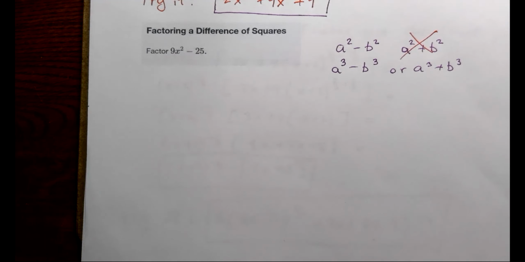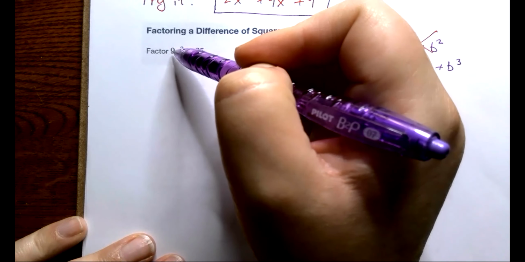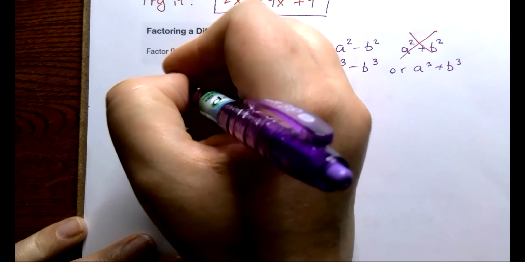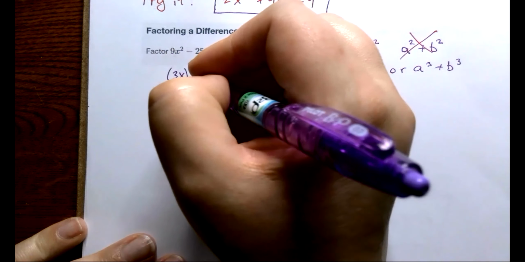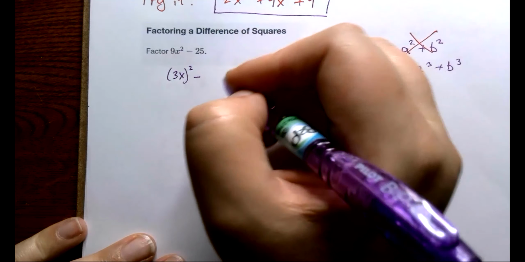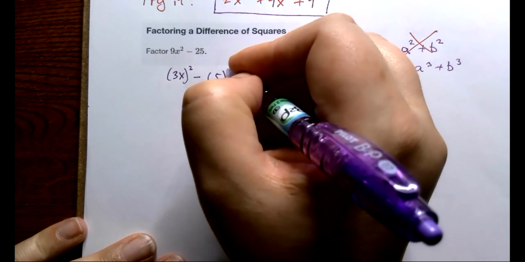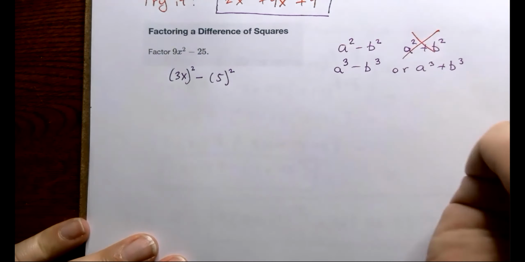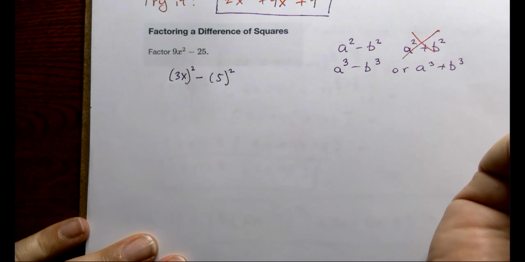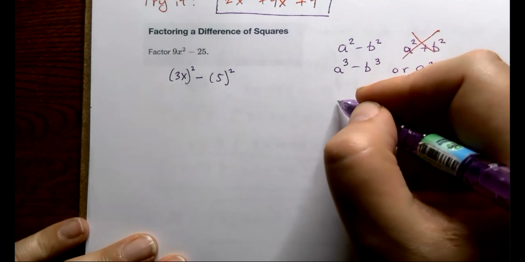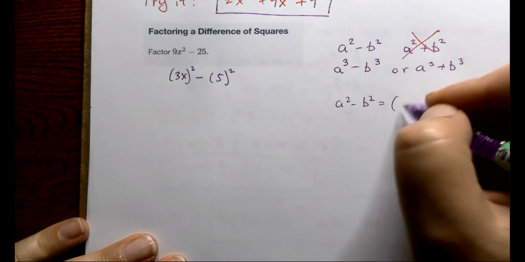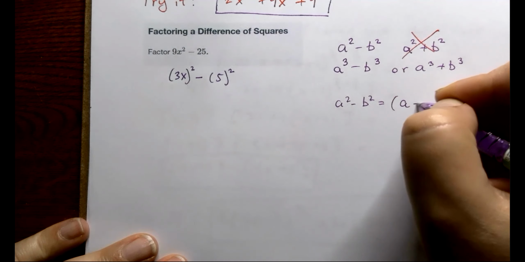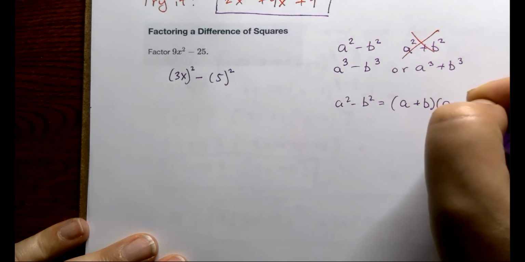Okay, so let's take a look at our polynomial at hand. Well, I see that 9x squared is a perfect square, and it's (3x) squared. I also see that 25 is a perfect square, and it is 5 squared. So I'm going to follow the difference of squares formula, which, if you don't remember, is (a plus b) times (a minus b).